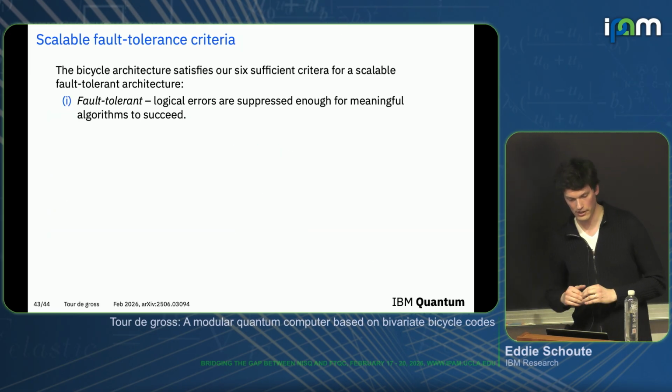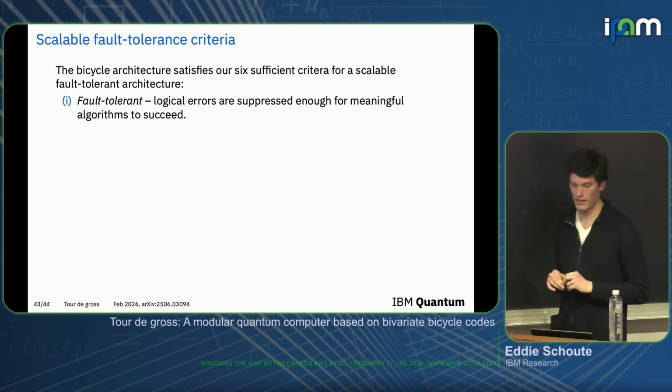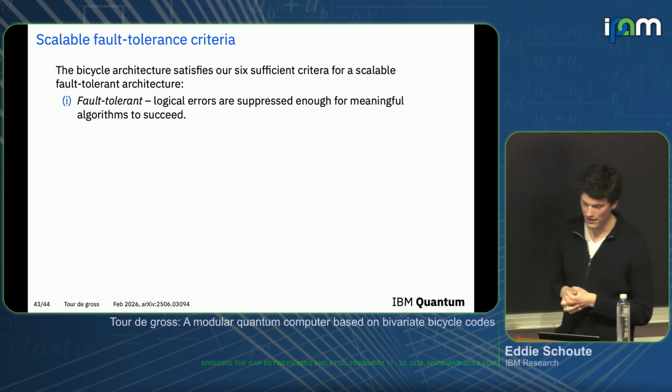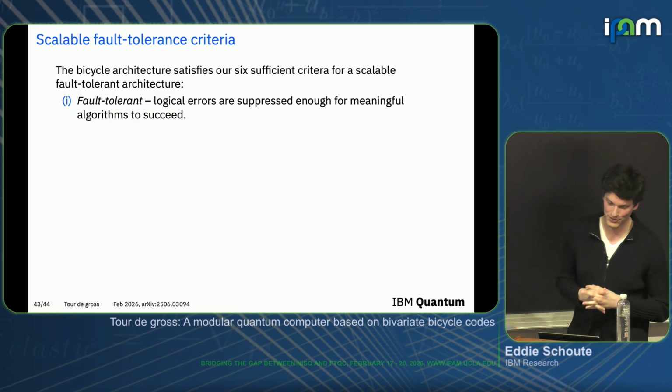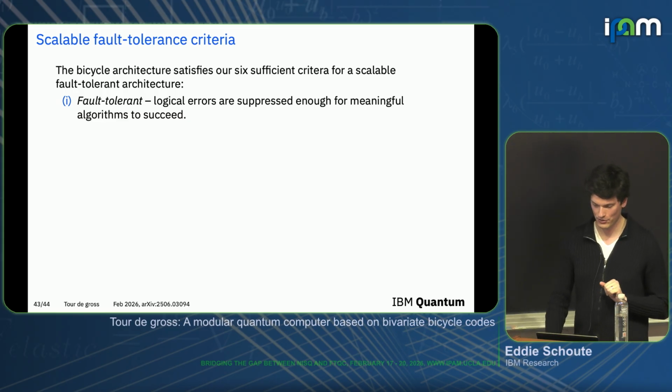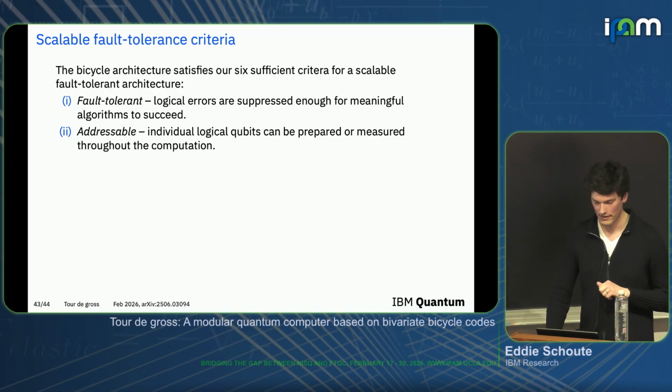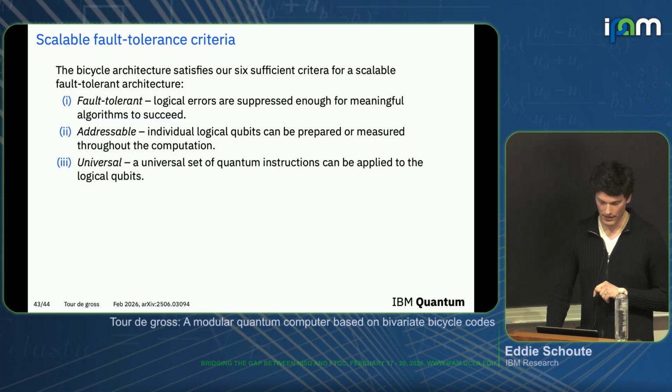So to conclude, we have proposed a bicycle architecture that satisfies our 6 sufficient criteria for a scalable fault-tolerant architecture. The first being obviously that it's fault-tolerant. The second is that we can address any qubit and measure it. It's universal in the sense that we can perform a universal quantum computation.